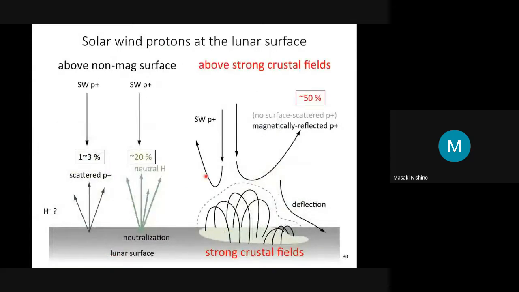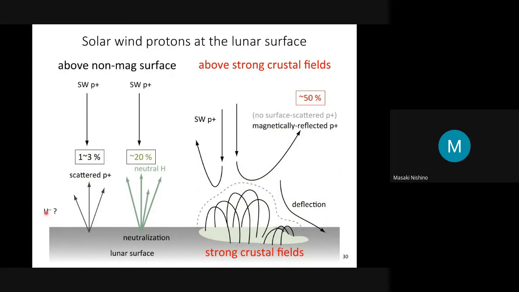So let me shortly summarize the direct interaction of solar wind protons at the lunar surface. Above the non-magnetized surface, about 1 to 3% of incident solar wind protons are scattered as protons.